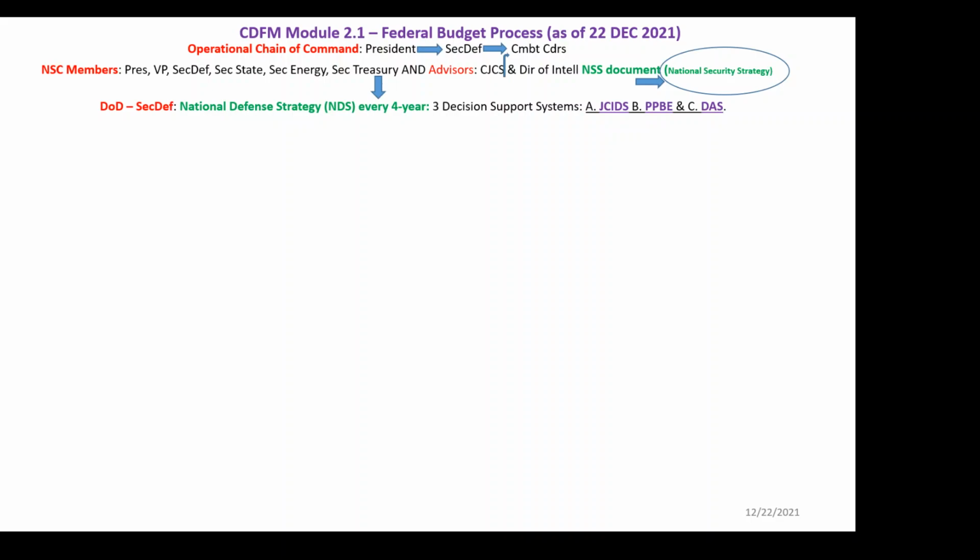At any given time, these three systems are working and overlapping with each other. But I put it in this order because it helps you better understand how the three decision support systems work to meet the National Defense Strategy and how the National Defense Strategy works to meet the National Security Strategy.